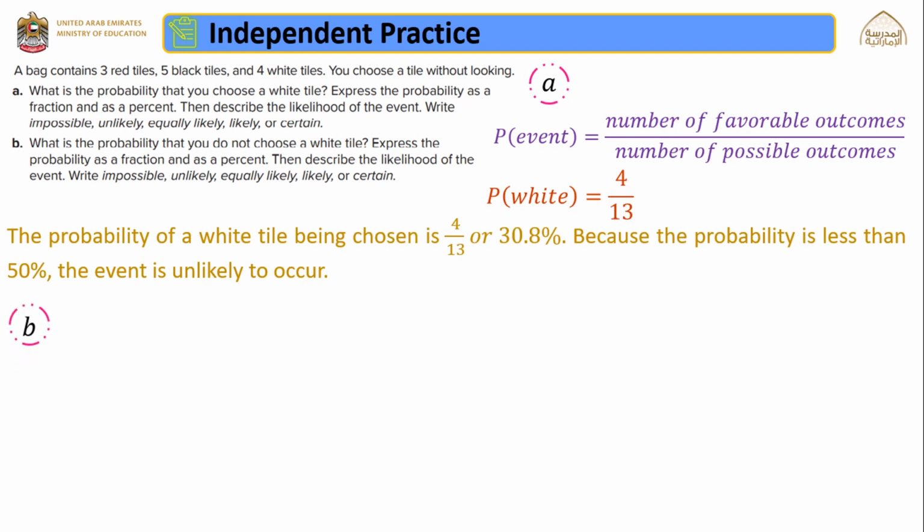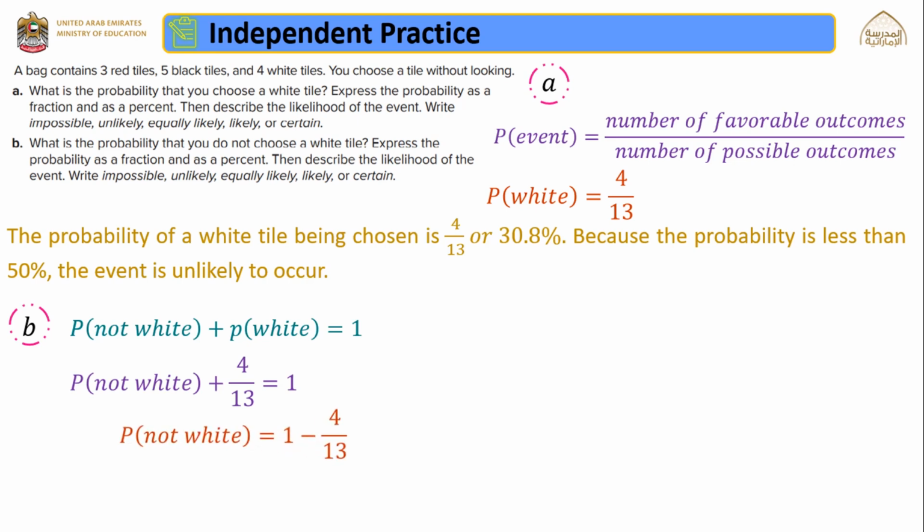B. We know very well that the probability of not the event plus the probability of the event equals 1. We already have the probability of selecting a white tile, so the probability of not white plus the probability of white equals 1. Substituting the value we just found, the probability of not white plus 4/13 equals 1.